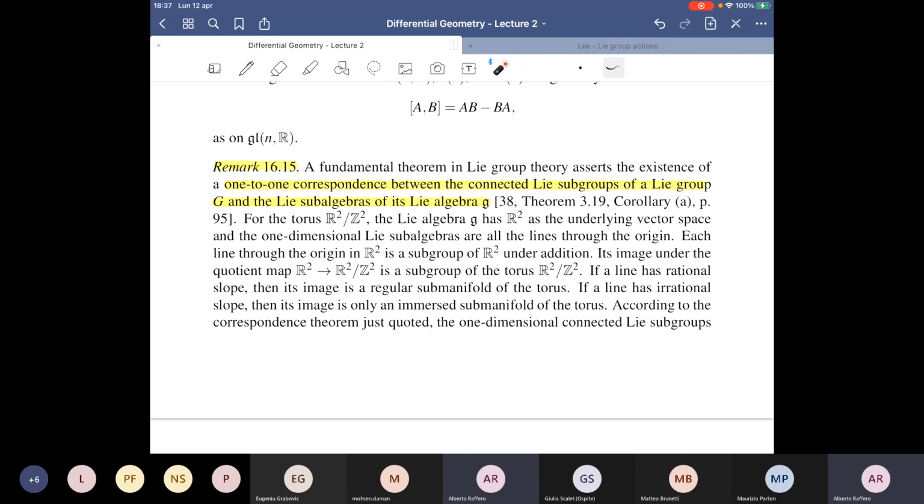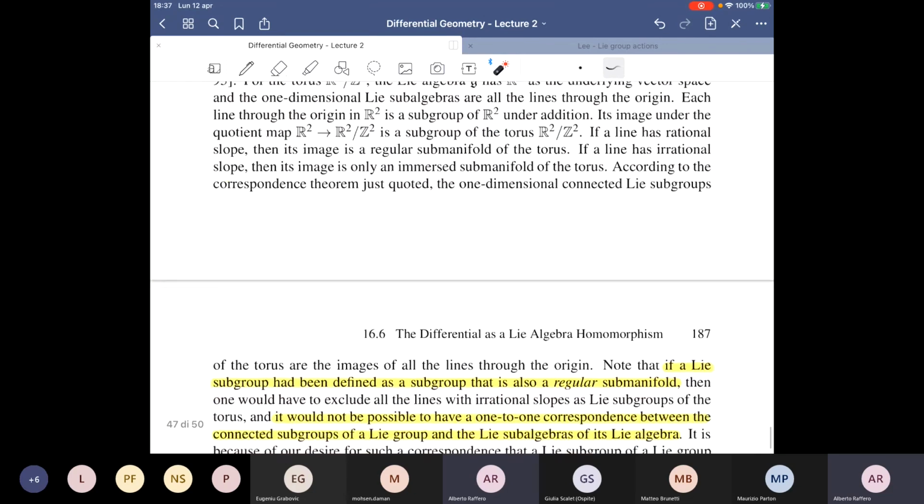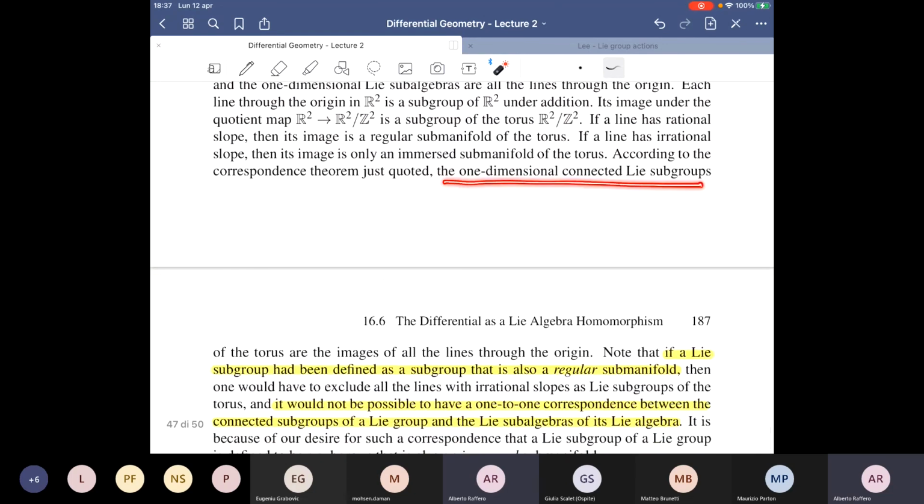It will close up, and you will get something which is diffeomorphic to the circle. But if the line has irrational slope, then the image will be an immersed submanifold of the torus, which is not embedded. And this correspondence works because every one-dimensional connected Lie subgroup of the torus is the image of a line through the origin.